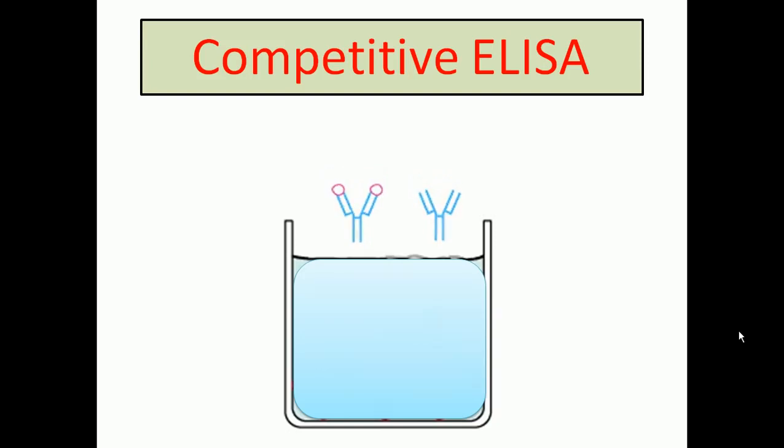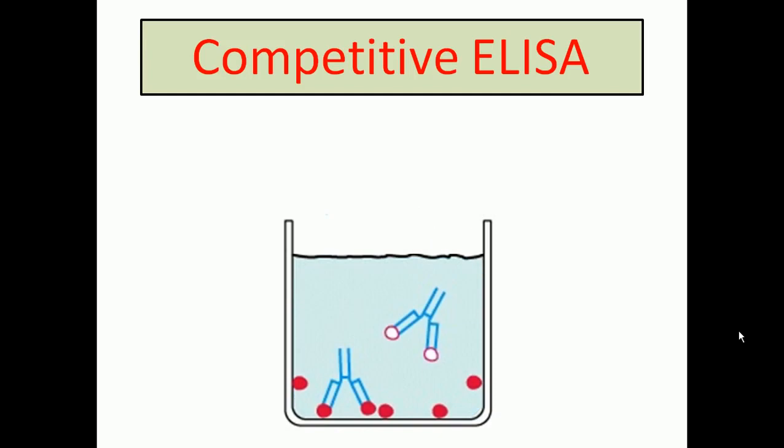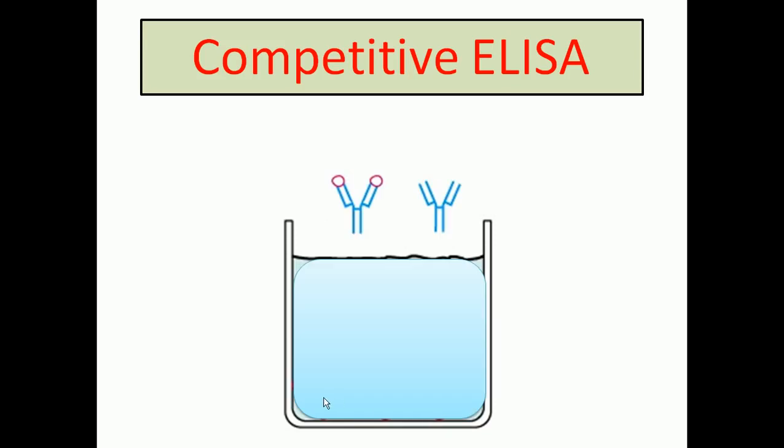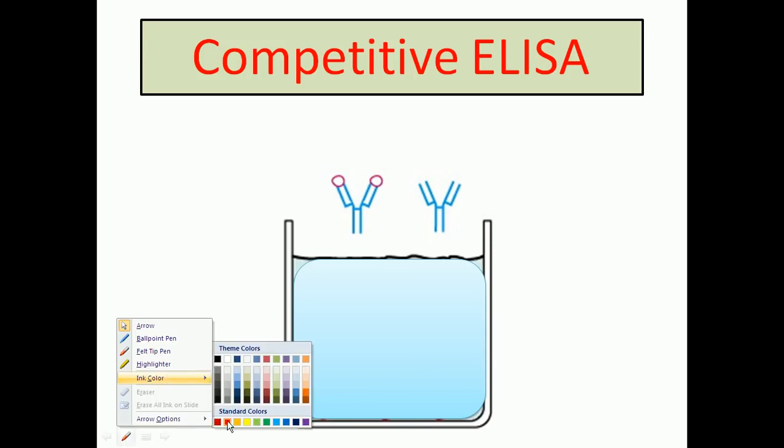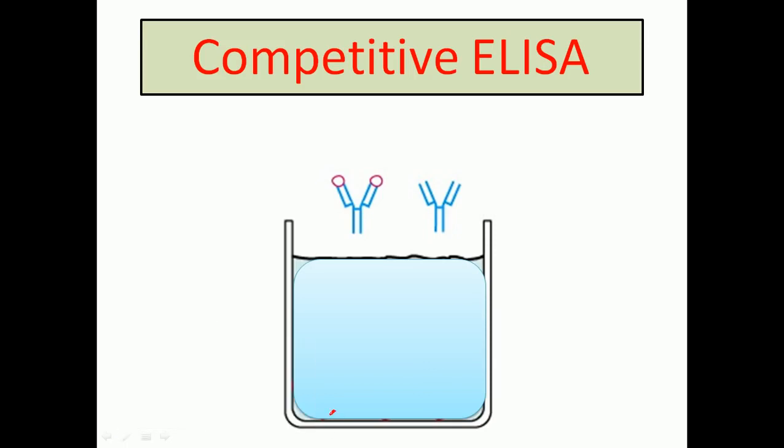As we add them inside, the wells that we look for in this competitive ELISA already contain antigens, just like the indirect ELISA wells. Now remember the previous stage. So actually we should draw something here. So let me draw it. These are some of the antigens that are present at the bottom of these wells. So this is how the well looks in competitive ELISA.